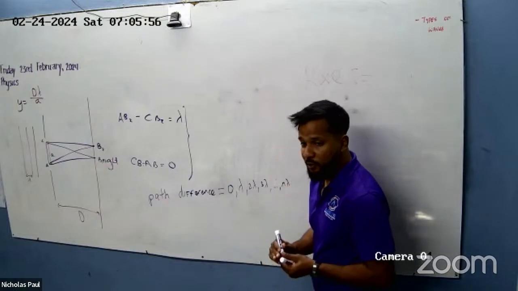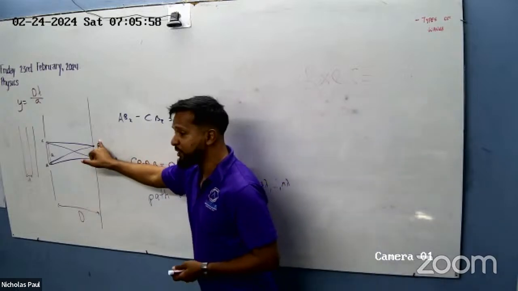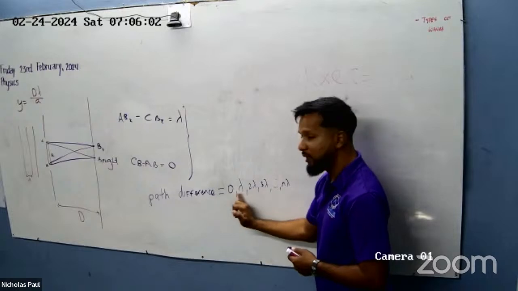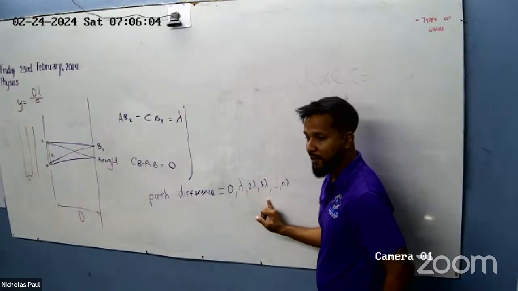So whenever you reach a bright fringe, the path difference to reach there is always going to be some whole number of wavelengths.